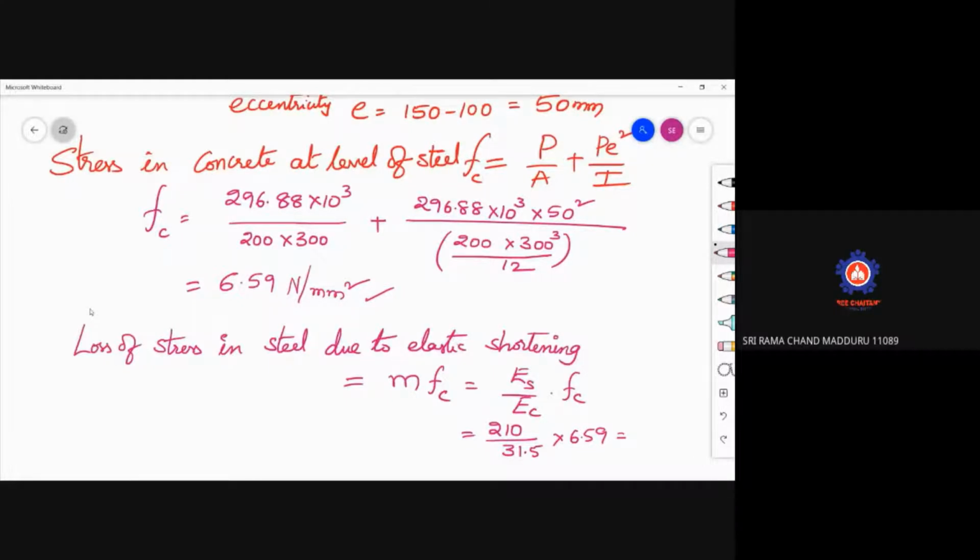Tell me what is the loss of stress you got here? 43.93.